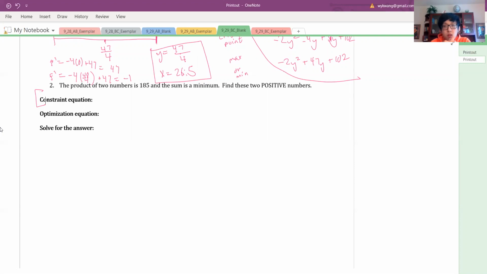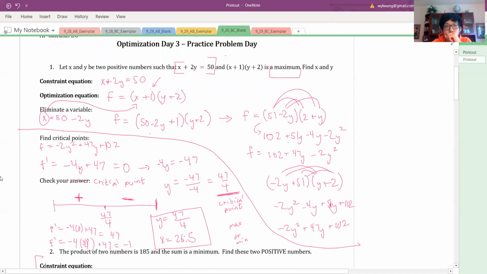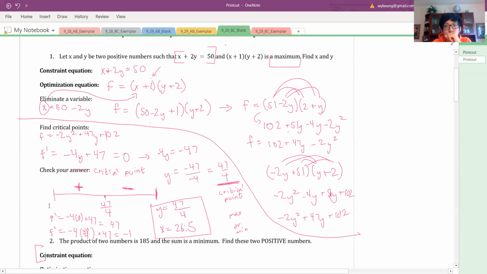So I'll scroll up just so you guys can see this for reference. So in this case, they tell us the constraint equation: let x and y be two positive numbers such that x plus 2y is equal to 50.